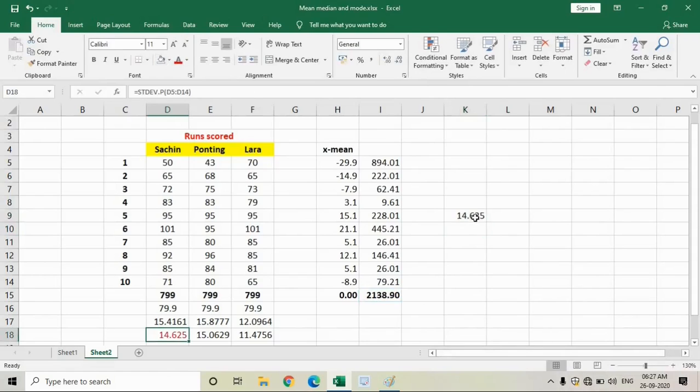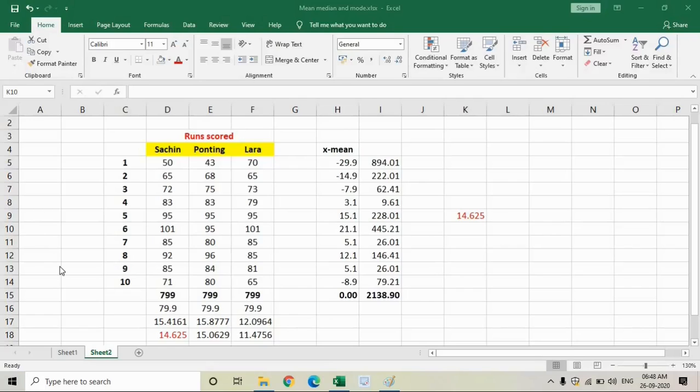When we understand the concept, I think it's better to understand in this way. Standard deviation is nothing but the average deviation of items from its arithmetic mean. It can be population mean or sample mean. Whatever the mean, population or sample, you need to understand the concept in a better way.